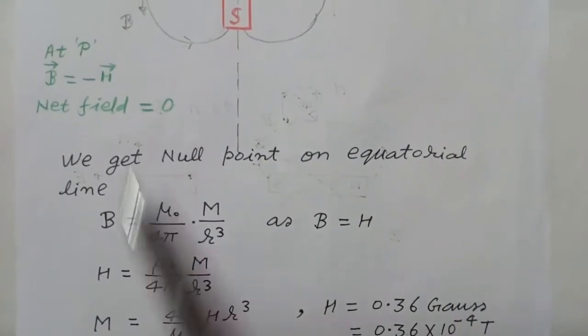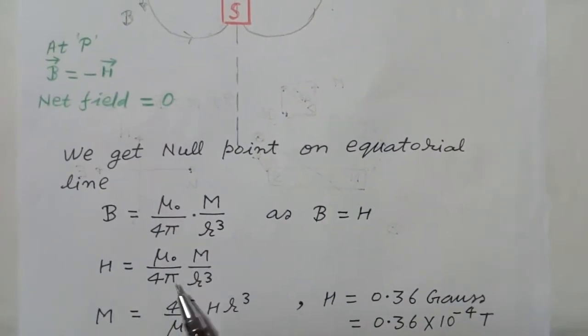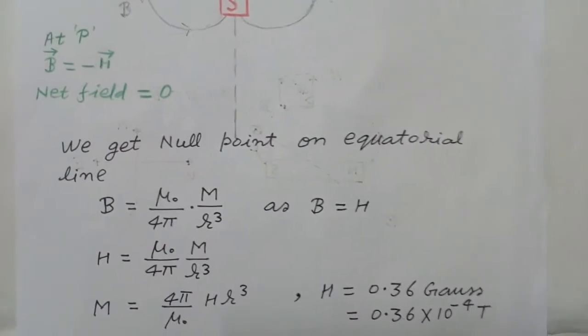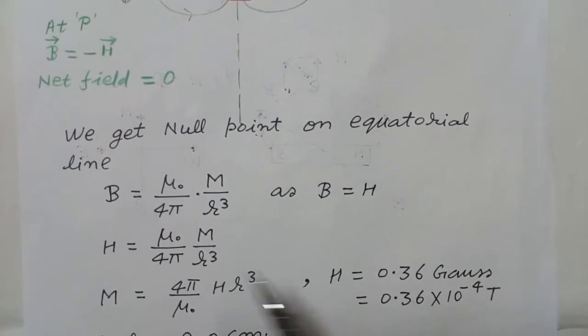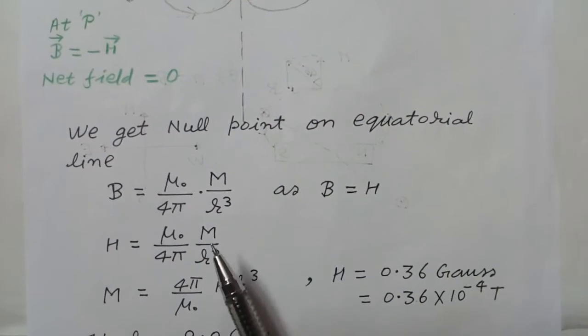Now since B is equal to H, so for B we may write H, so H is equal to mu naught upon 4 pi into M upon r cube. If we know the horizontal component of the magnetic field due to earth at that point, then we may calculate magnetic moment of the given bar magnet.